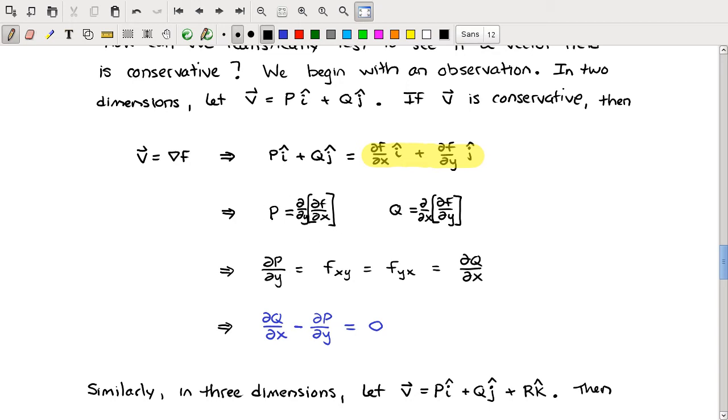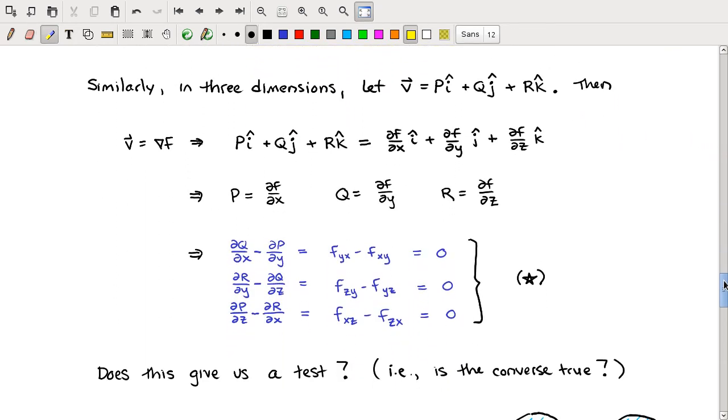So if we take the y derivative of both sides here, we get dP dy, and that should be equal to dQ dx by the equality of the mixed partial derivatives. In particular, if we subtract these two things, we should get that dQ dx minus dP dy equals 0. If the vector field is conservative, then it has this property, and if it has this property, then this statement should be true.